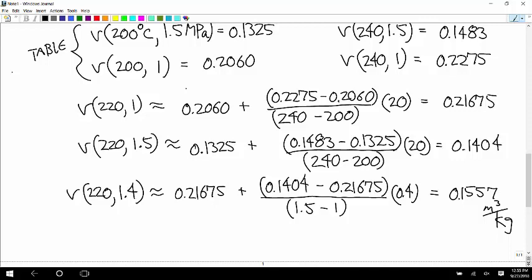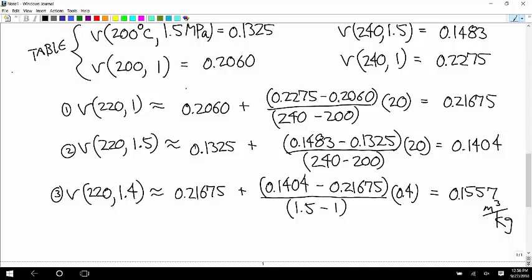What would be the problem if I would have, okay, so we always have these three steps. What if instead of my first step being to calculate the specific volume at 220 degrees at the two pressures, what if my first step had been to calculate the specific volume at 1.4 at the two different temperatures? And then we use those to calculate this. Would there be a problem with that?